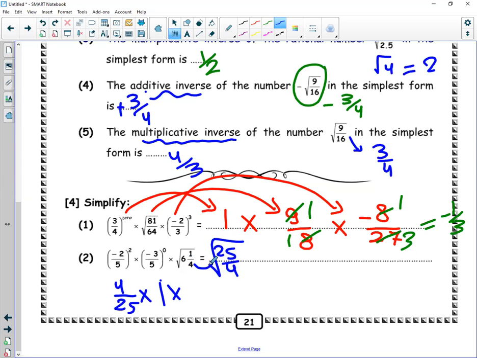The answer of the square root of 25/4 will be 5/2. So the answer will be: divided by 2 equals 1, divided by 2 equals 2, and divided by 5 equals 1, divided by 5 equals 5. So the answer will be 2/5.